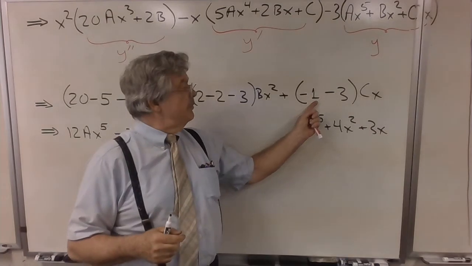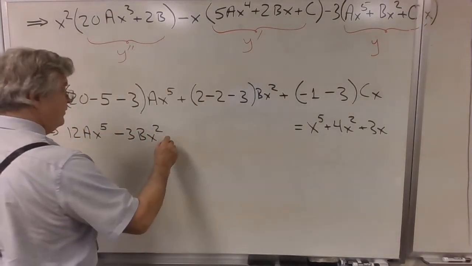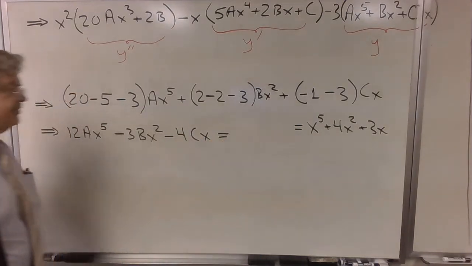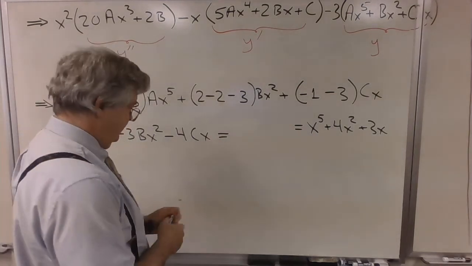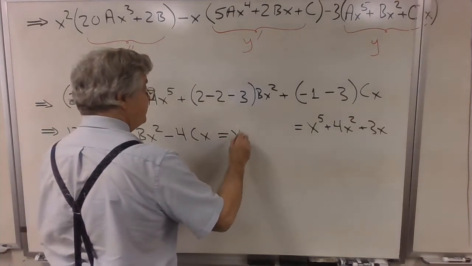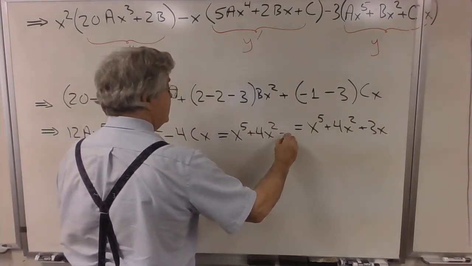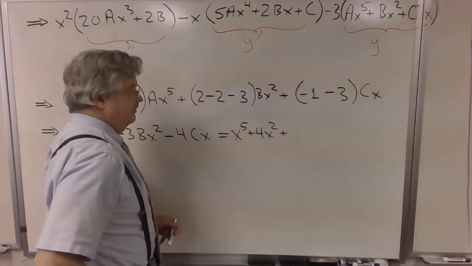And negative 1 minus 3 is negative 4cx. And that equals this mess. X to the 5th plus 4x squared plus 3x.